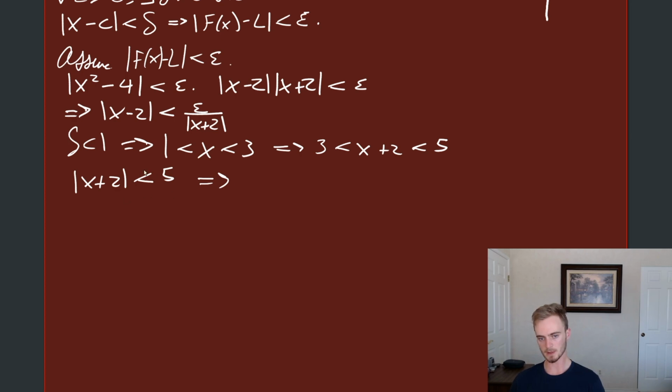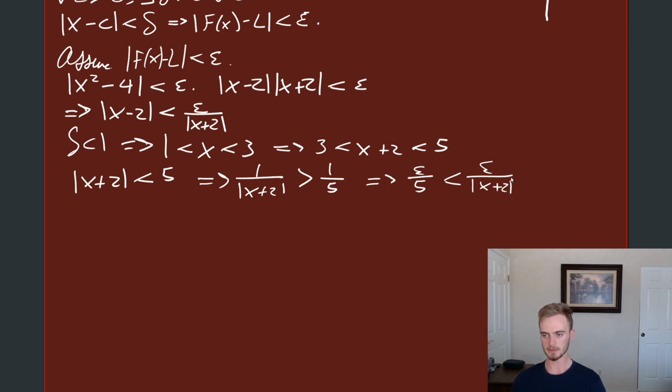And remember, when you take the reciprocal, you want to flip the inequality. The absolute value of x plus 2 is actually now greater than 1 over 5. Multiply through by epsilon, and we've got epsilon over 5 is less than epsilon over the absolute value of x plus 2.